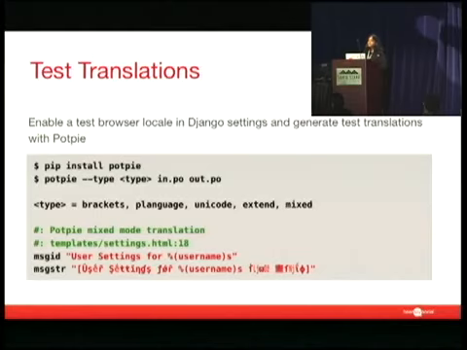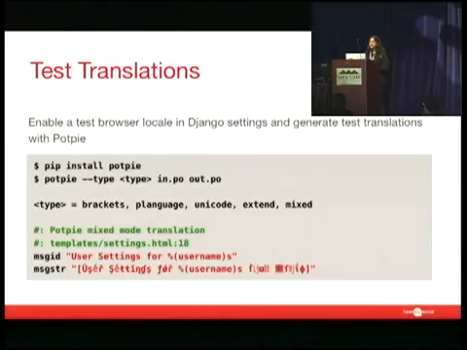There's this external package called PotPy, which is a really great package to generate test translations. All you have to do is enable a test locale in your Django settings file, and you can always ensure that those test locales are only available in your development environment.